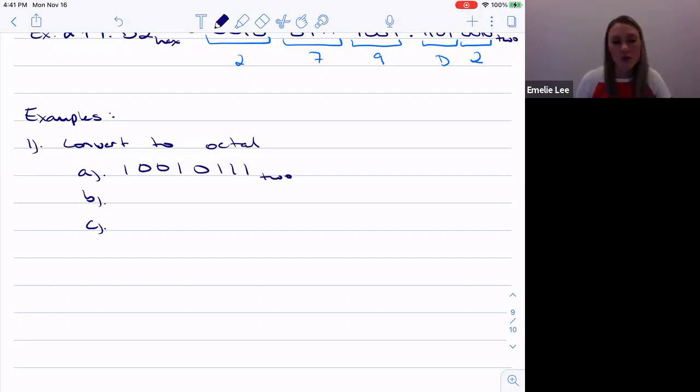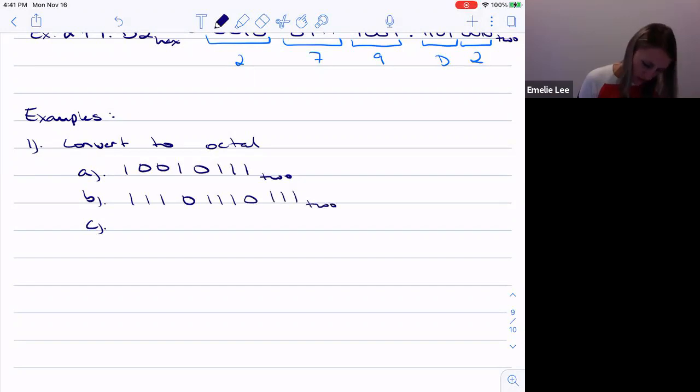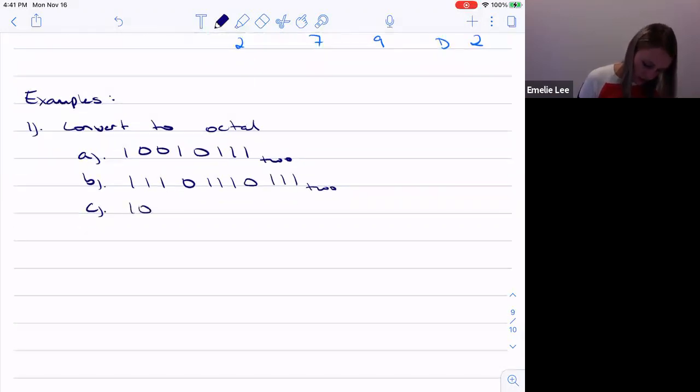These are all going to be base 2. B is 1, 1, 1, 0, 1, 1, 1, 0, 1, 1, 1. C is going to be 1011.01101, base 2.